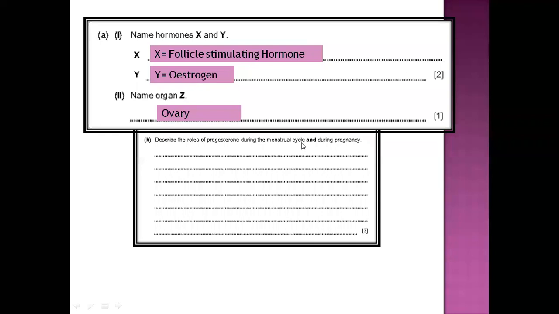So during the menstrual cycle, not menstruation, it maintains the endometrium lining thick and also increases development of blood vessels in the endometrium lining. During the menstrual cycle it prepares the uterus for implantation. Is it clear?